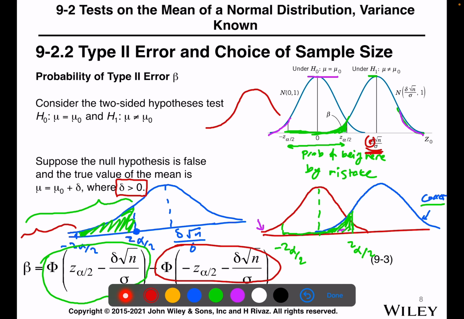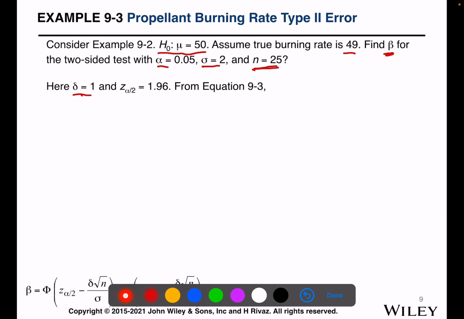Yeah, so the delta value comes from the null hypothesis. If I go forward, the null hypothesis states that, let's say, by law we are required to have a mu of 50. And let's say that somehow from our computations we know that mu is actually 49, not 50.